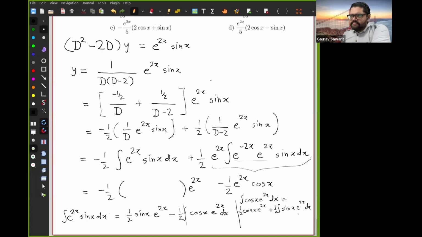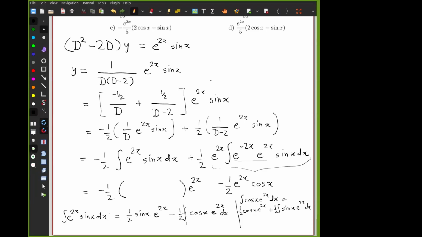Right? I got a half cos x e power 2x, that is fine, minus that half constant is still there, integral. I have done another derivative, and then I should get a sin x e power 2x, and inside is a plus sign.